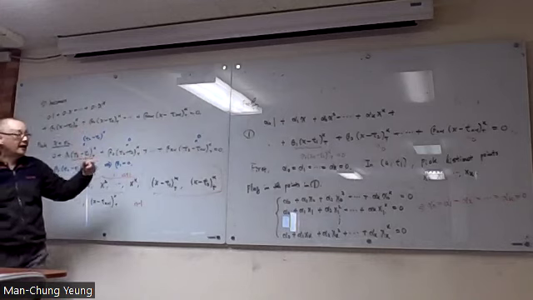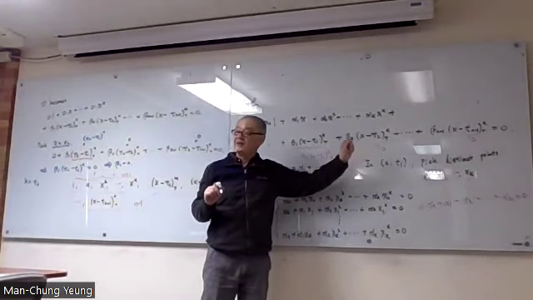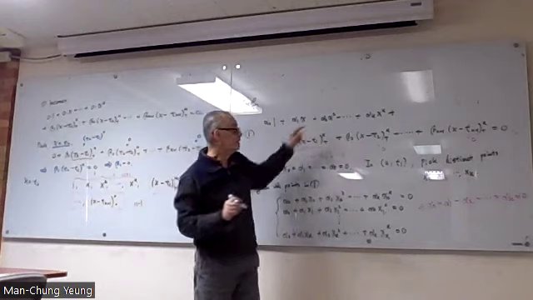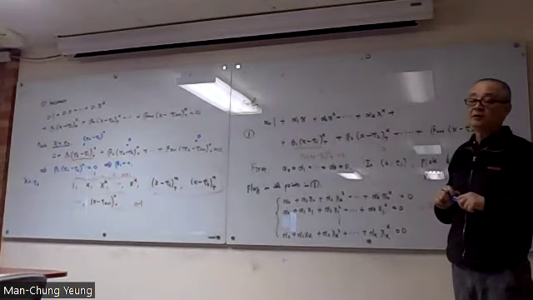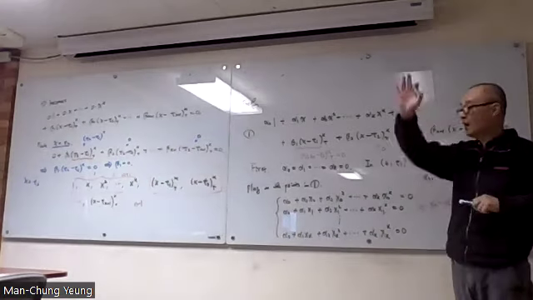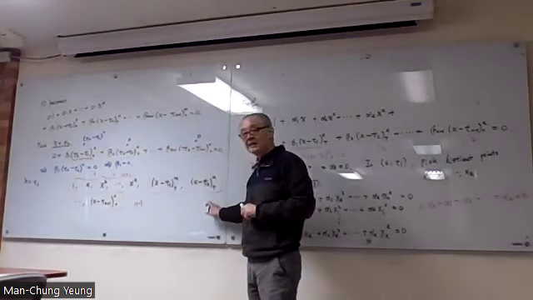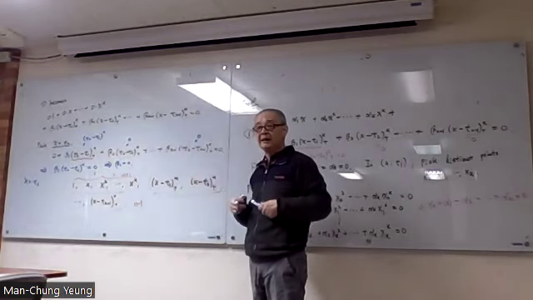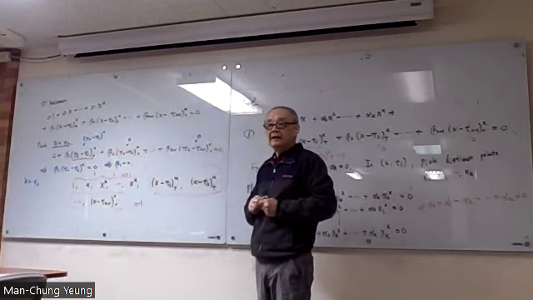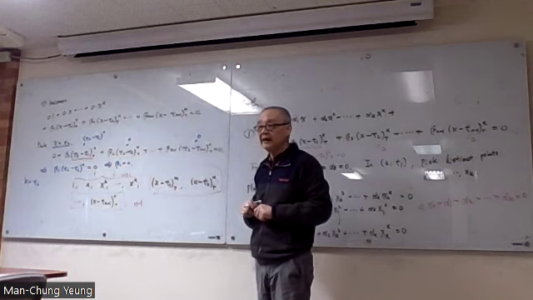In this way, I can prove that every beta must be 0. Therefore, this equation has only one solution: 0, 0, 0, 0, no other solution. So we prove that these n plus k vectors are linearly independent.